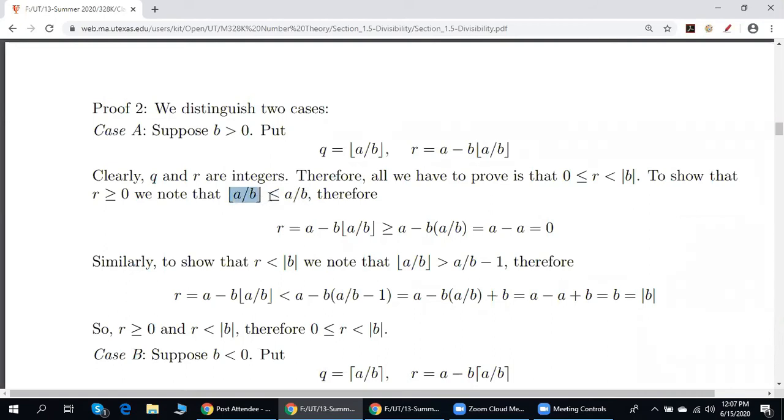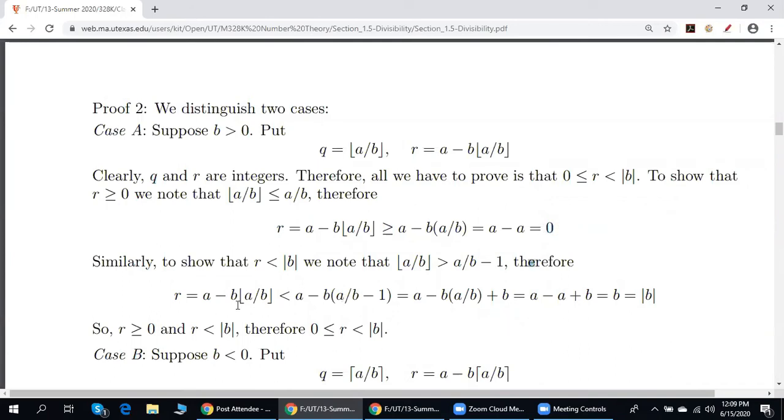Since this is lesser or equal to a divided by b, and since here we subtract, this term is greater or equal to negative b times a over b. Lastly, cancel out b, we get a, and a minus a is 0. Conclusion, r is greater or equal to 0.